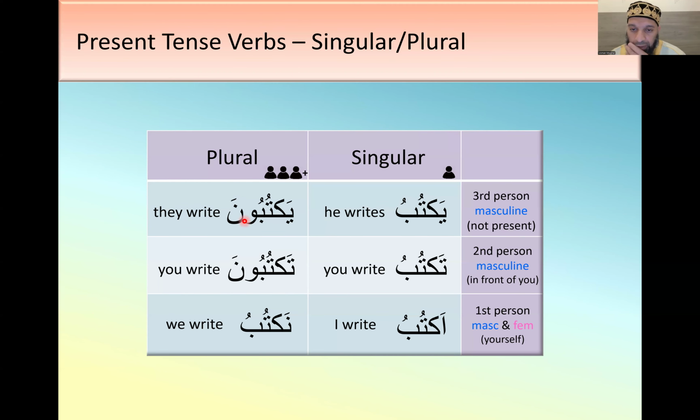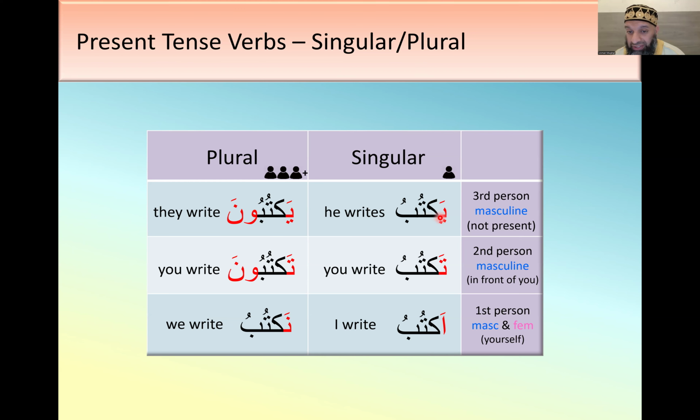Okay, so let's look at what's happening. What did we do to kataba? To kataba, we added a ya, and it makes it present tense, yaktubu. Notice, here is kataba, the root word. For present tense, you add something to the start of the verb.